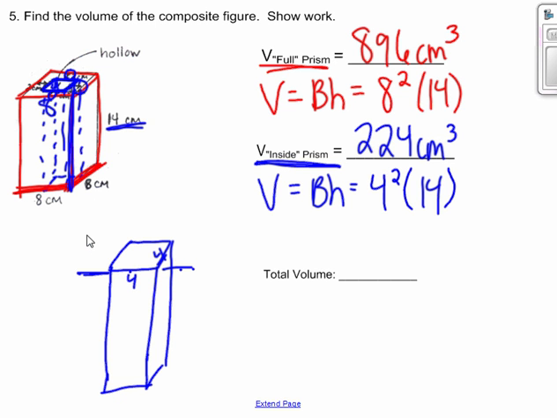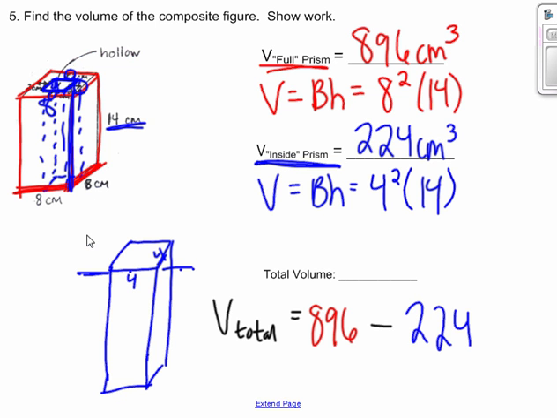So in order to figure out the total volume, I'm going to take the full prism, 896, and subtract out blue, subtract out the 224 to get a grand total of 672 centimeters cubed. And that's volume.